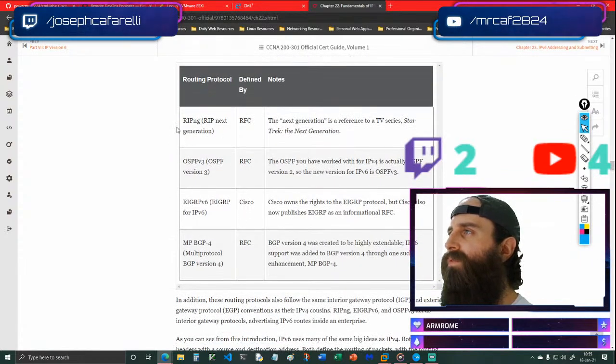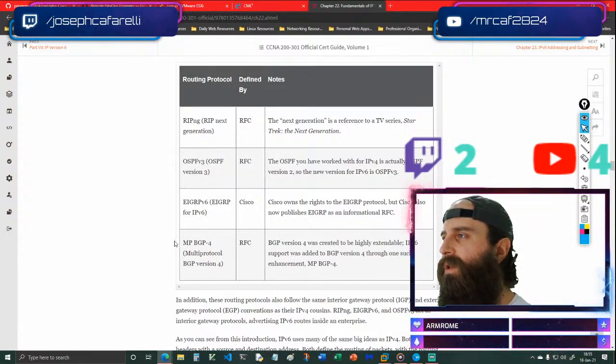So we have RIP, which is pretty much not in use much longer. Not too many people are using RIP. Most people are using OSPF, EIGRP, and obviously BGP, which is the big internet. That's what's routing between autonomous systems.